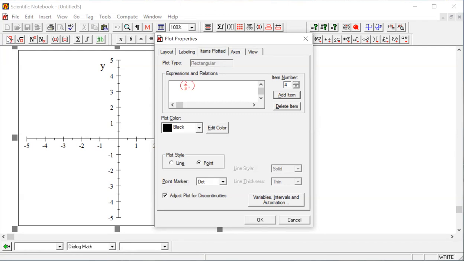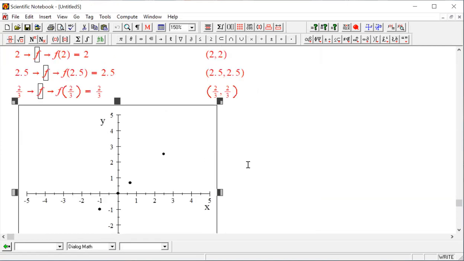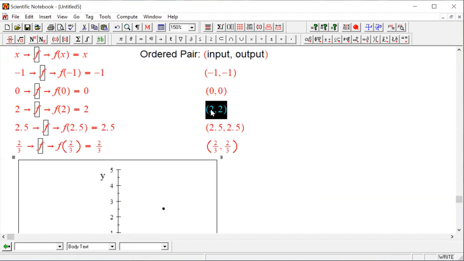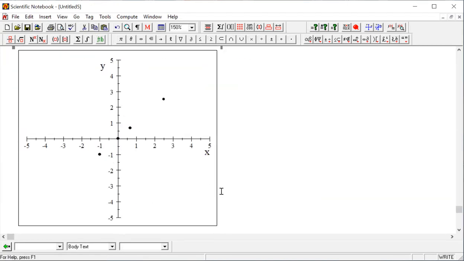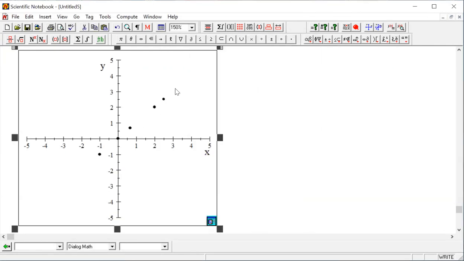We have 2.5 input, 2.5 output. There. So we got these dots. And we're missing 2, 2. One more. 2, 2. There. So we get all these points, all these dots.